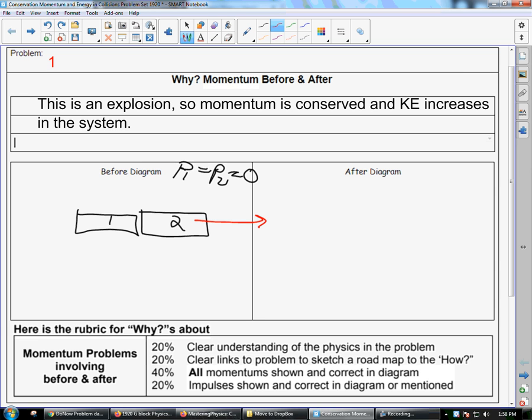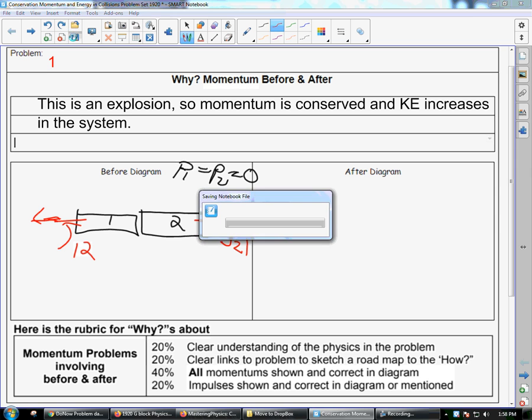It's an impulse on canoe 2 by canoe 1 in that direction, and there's the exact same one on canoe 1 by canoe 2 over here. So equal but opposite impulses, each one acts on the opposite body.